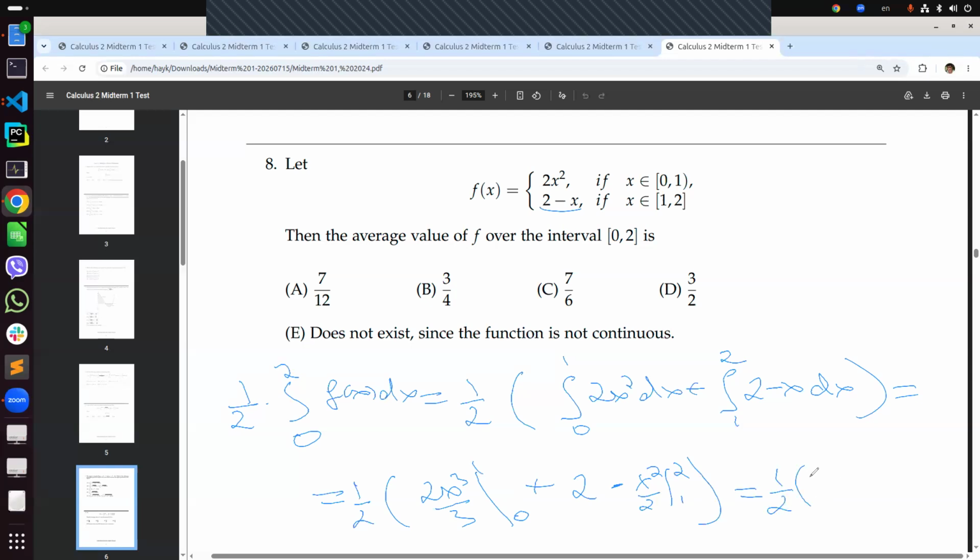So 1/2, we have 1, we have 2, and minus at 2 we have what? 1/2 times here 4 and 1/2, something like this.